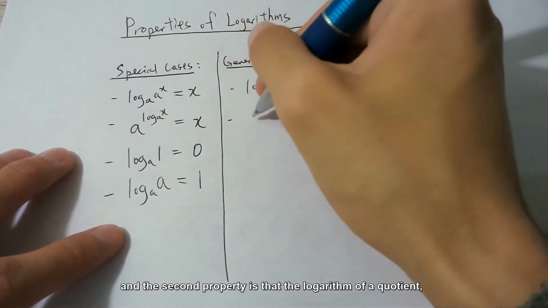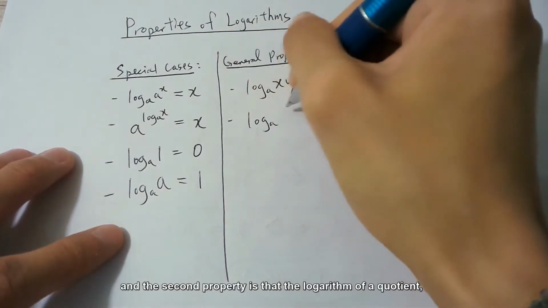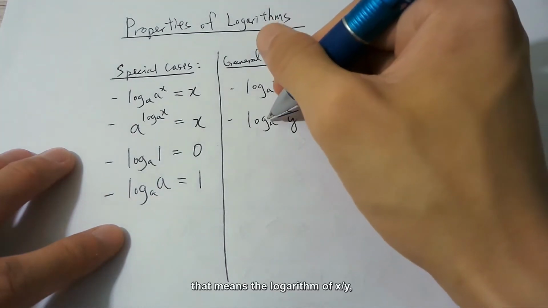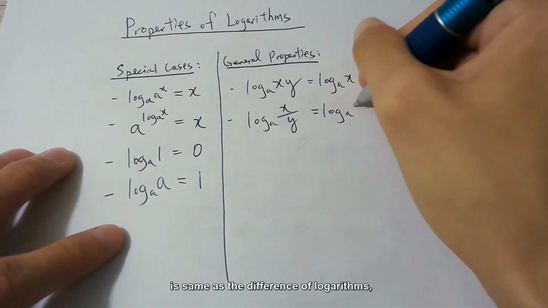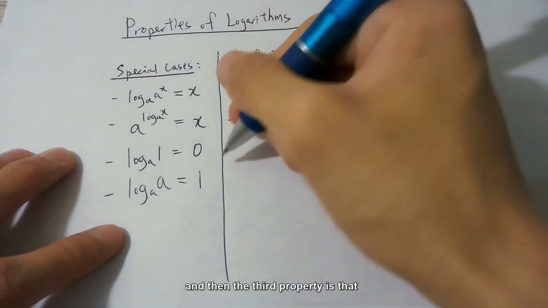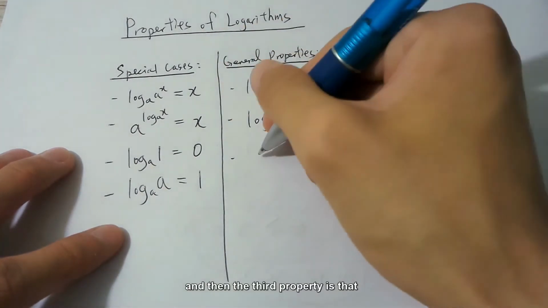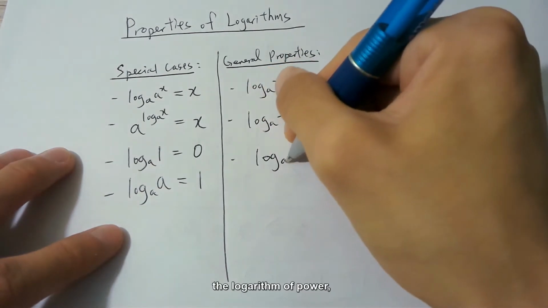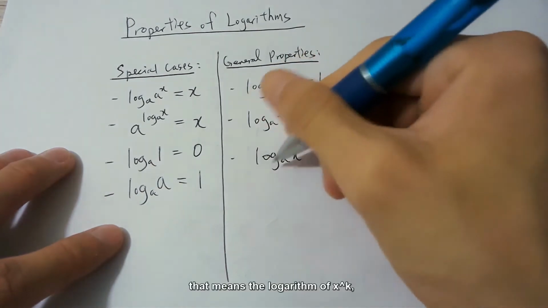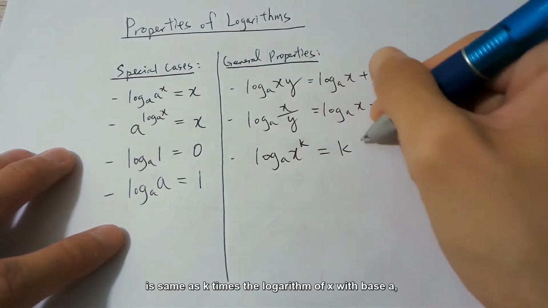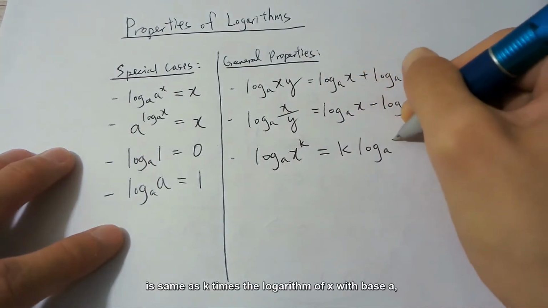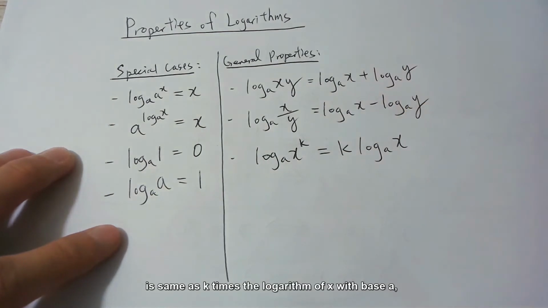The second property is that the logarithm of a quotient, that means the logarithm of x over y, is the same as the difference of logarithms. And the third property is that the logarithm of a power, that means the logarithm of x to the power k, is the same as k times the logarithm of x with base a.